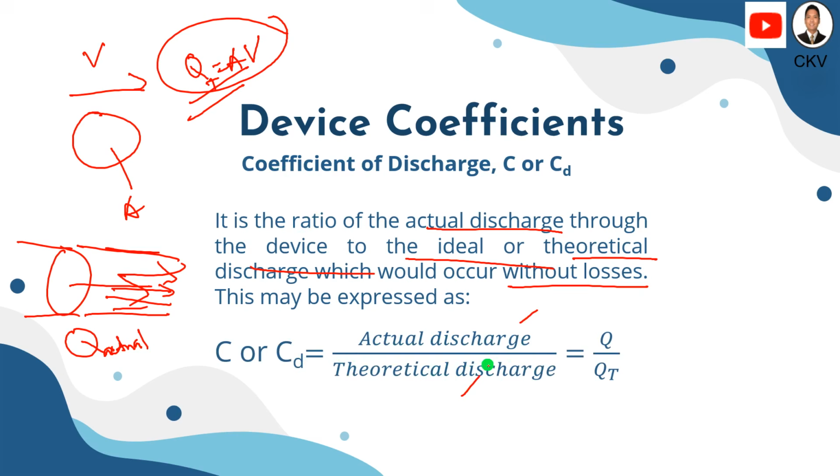So if we have a predetermined coefficient of discharge C or CD, and we have a theoretical discharge QT, we can determine the actual discharge using this coefficient. It means we have to multiply the coefficient of discharge to the theoretical flow rate to determine the actual discharge, or flow rate.